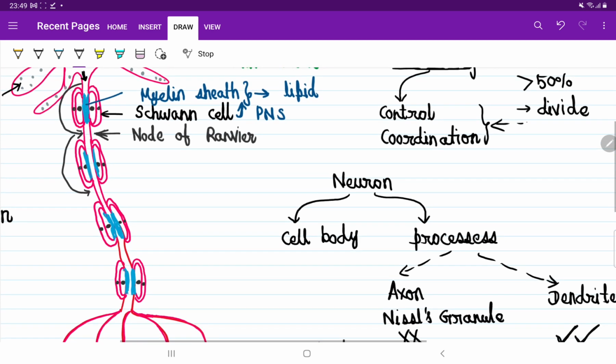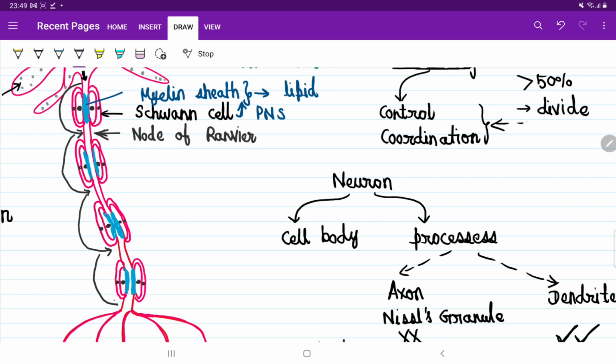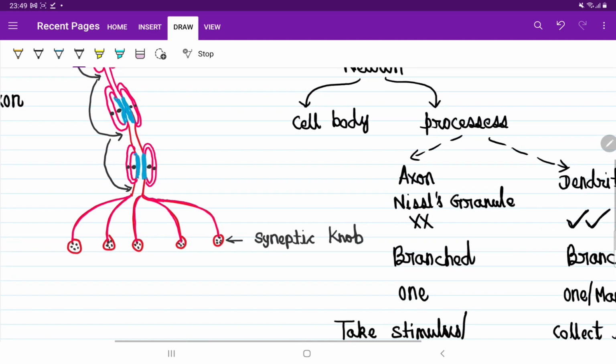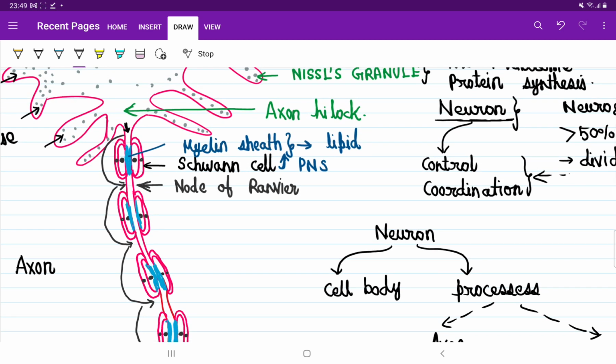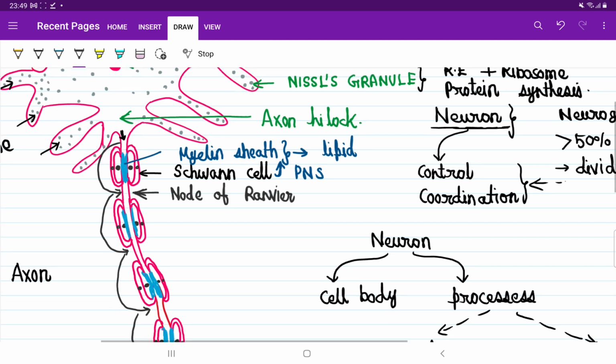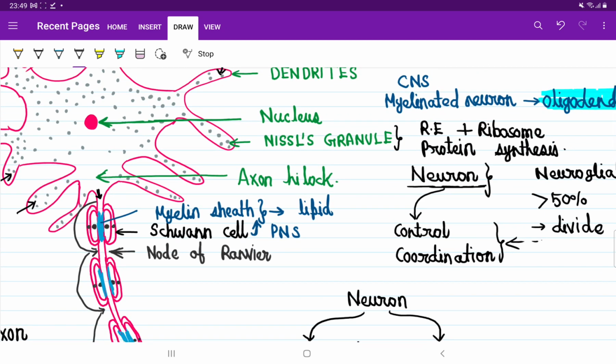Node of Ranvier is that region of the axon where myelin sheath is absent. Finally, that impulse will come to the end, and it will cause release of neurotransmitter, and the impulse will go to the next neuron. Fine. So we got the myelin sheath function, and we got the oligodendrocyte function.